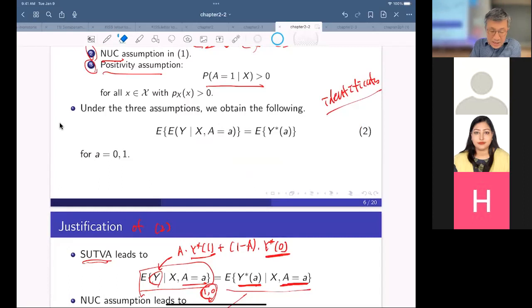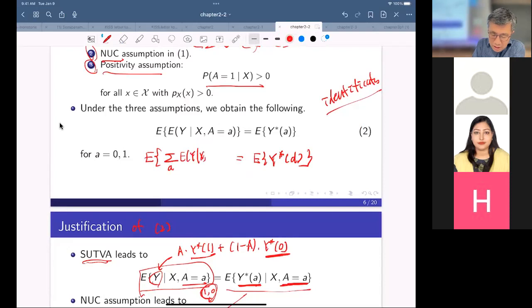What I just showed is that the left side is this one, and the right side is what, with the indicator, right? So it has exactly the same structure.